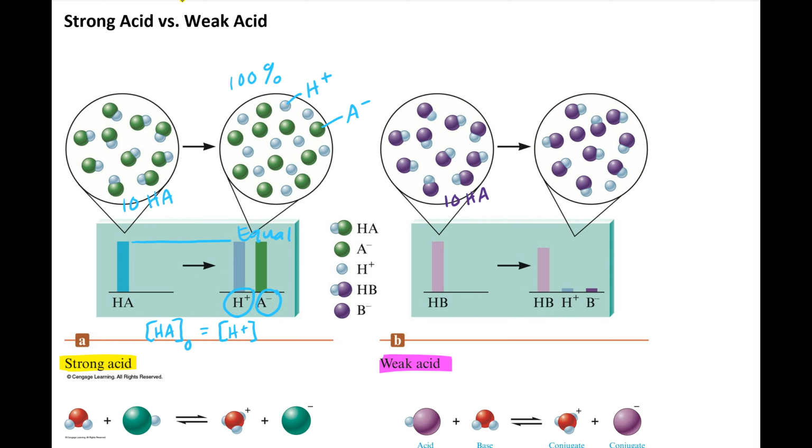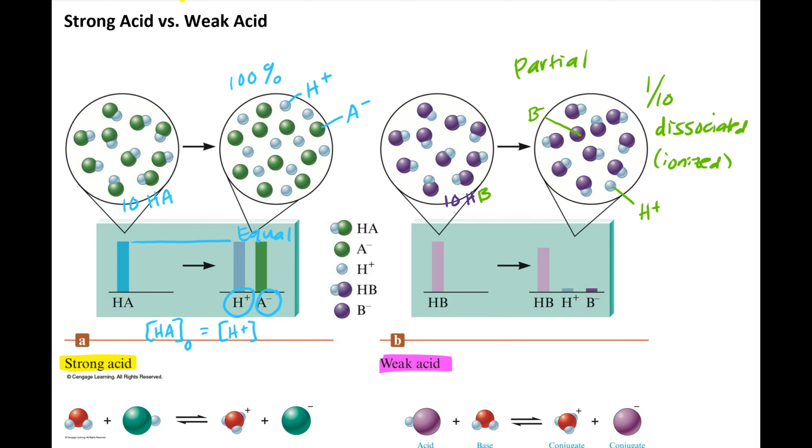Here you have a B minus, and the corresponding H positive. So out of all those 10 HB molecules, only one of them, 1 out of 10, dissociated or ionized. We call this partial ionization.